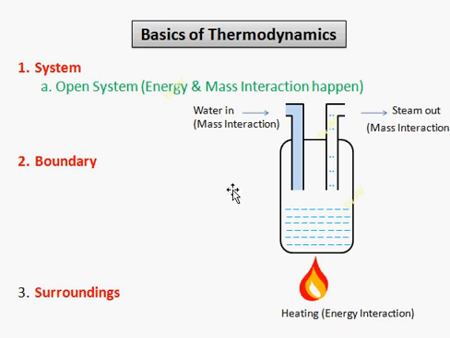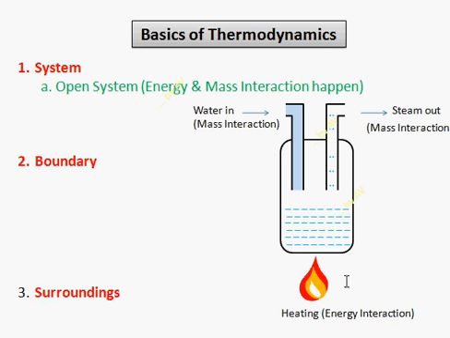So from this diagram we can understand that a mass of water is getting inside and mass of steam is moving outside. So mass interaction happens in the boiler, that is in this system.